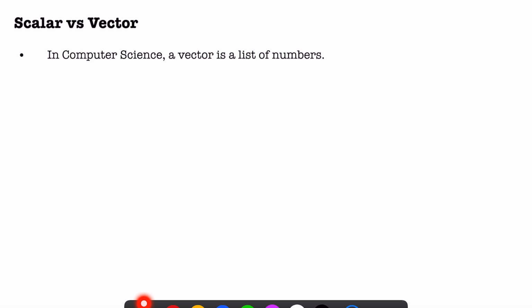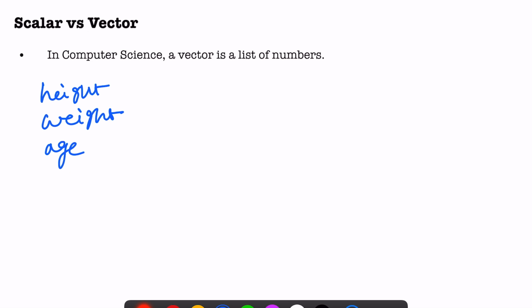In computer science, a vector is a list of numbers. So if you are from a computer science background, or let's say you are a data science specialist or data analyst, and you are dealing with individual persons' data, then let's say you are collecting height, weight, age of a few people.